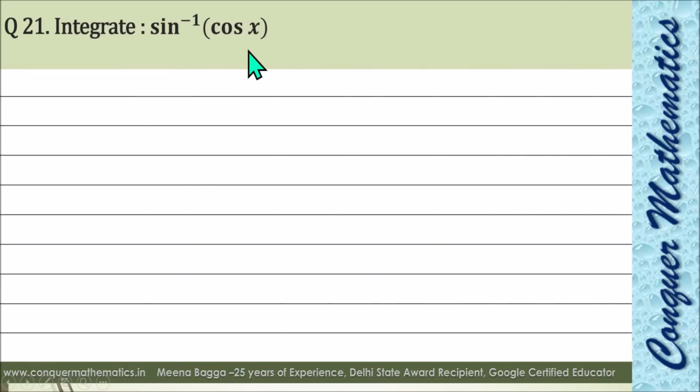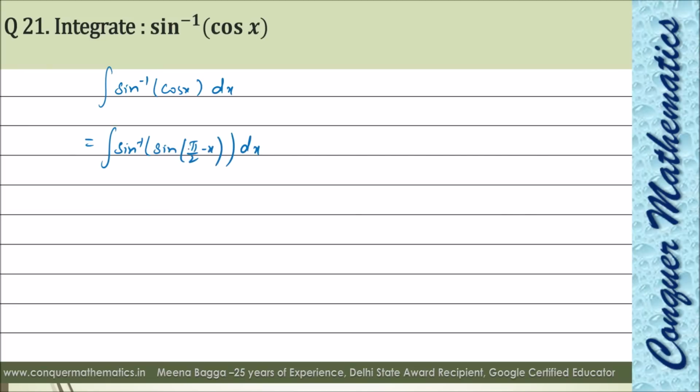Yes, now sine inverse cos x. Again, a very simple question, beta. Sine inverse sin x is x, if you remember. We are just using allied angles here. Sine inverse sine of pi by 2 minus x, right?